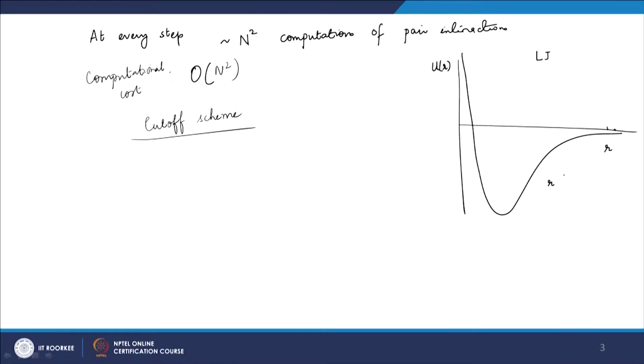In fact, if you go to say r equal to 2.5 sigma, that is one of the standard values, I will see why it is important. At this value, the u of r is typically already less than kBT, that is the thermal energy.